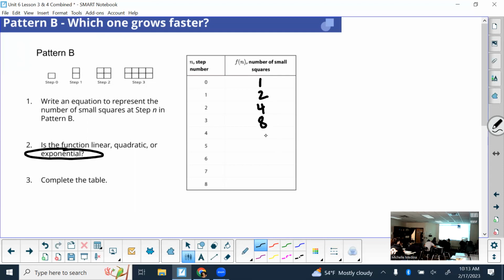What is it multiplying by? 2. And it's consistent throughout. It is multiplying by 2 each time, what it had previously. So then in step 4, what would I have? 16. Step 5, 32. Step 6, 64. Step 7, 128. Okay, and step 8, 256.